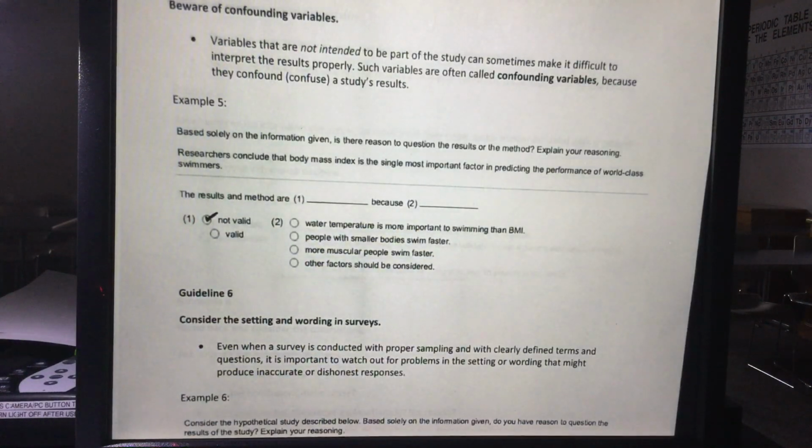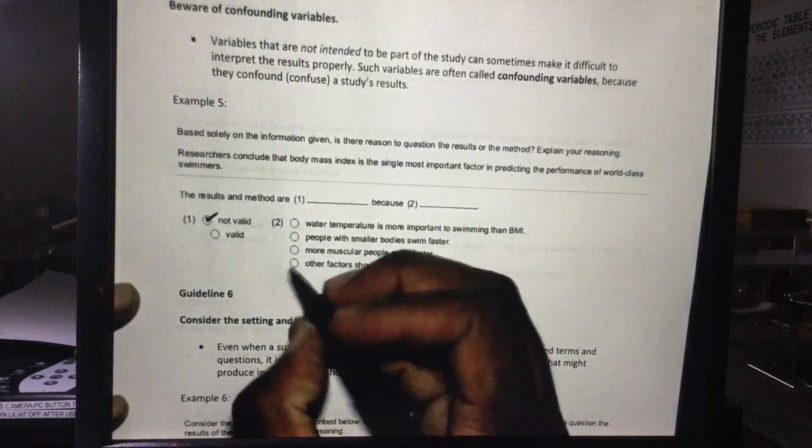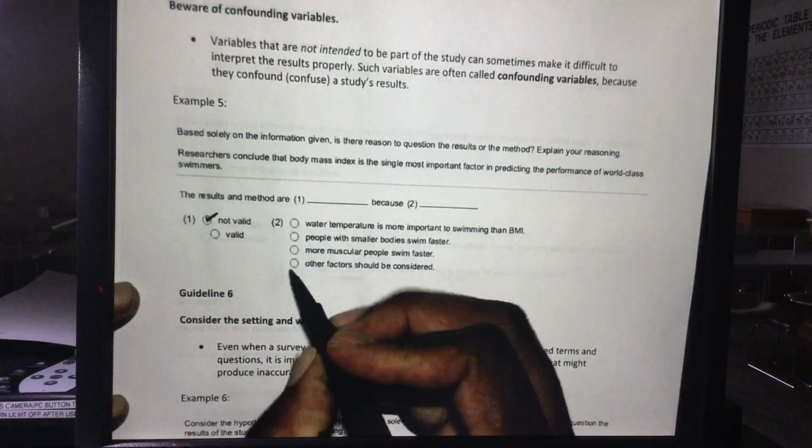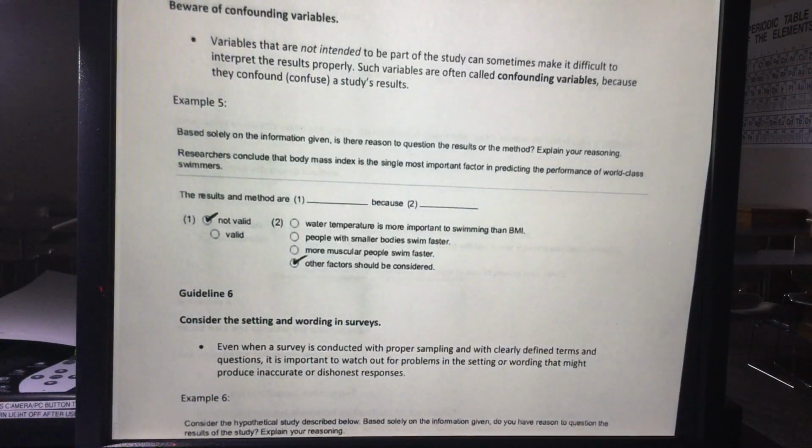The results and the method itself will be invalid. The reason is that this is claimed to be the single most important factor. We need to look at other factors as well. When you're predicting the performance of world-class swimmers, we need to look at other factors other than just the body mass index.